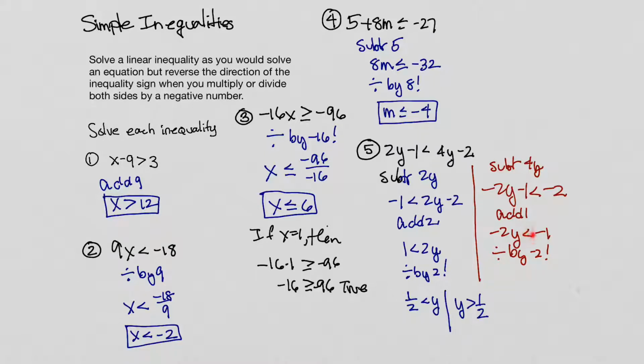So this inequality symbol is going to change directions. And we will get negative 2 divided by negative 2 is 1, so we'll just get y. Change the direction, and we'll get negative 1 over negative 2. But negative over negative is positive, so we'll get y greater than 1/2, which is the same thing we got over here.